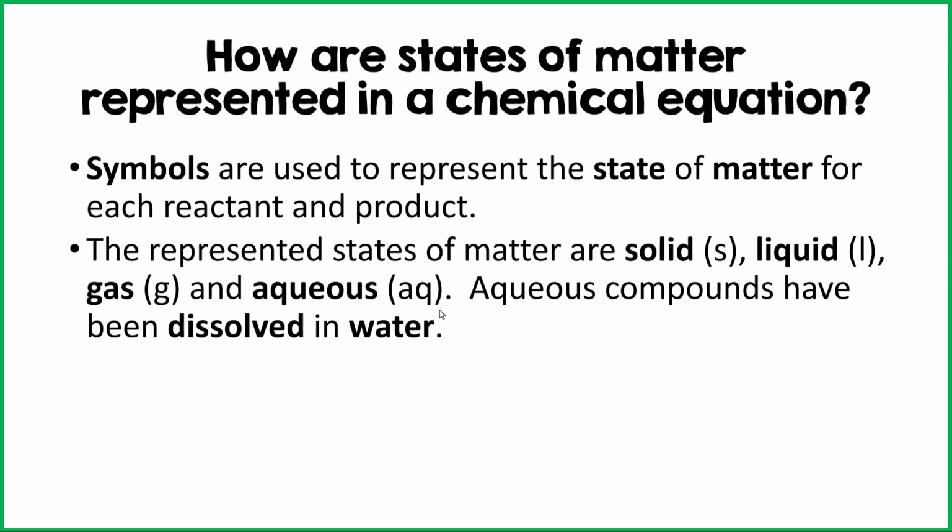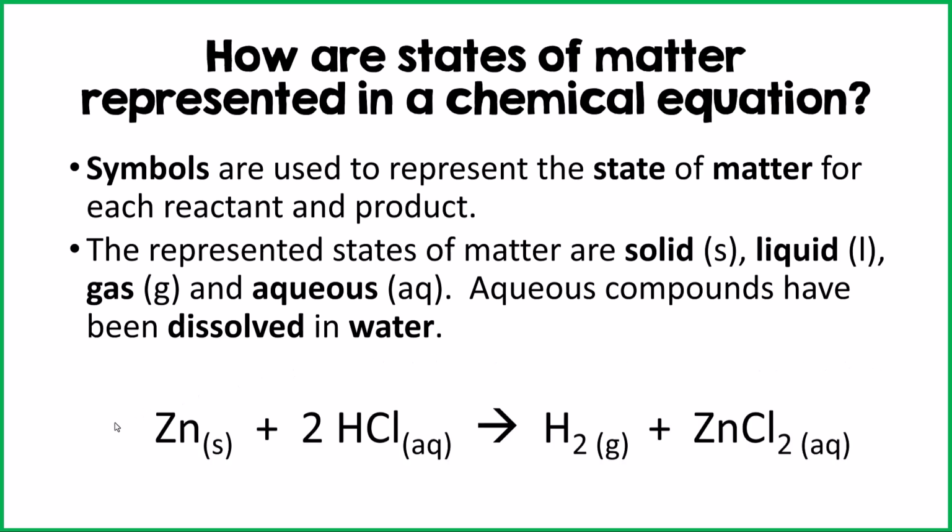Aqueous compounds have been dissolved in water. So these are solutions that have been dissolved in water. We're going to talk more about aqueous solutions later in the course, but generally it is a liquid that's been dissolved in water or a solid that's been dissolved in water, and we designate that as an aqueous solution.